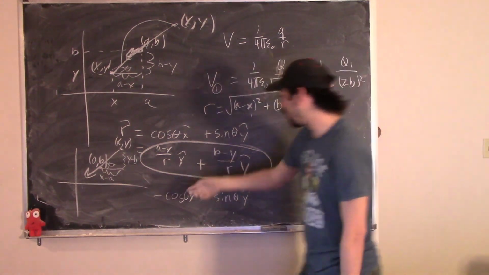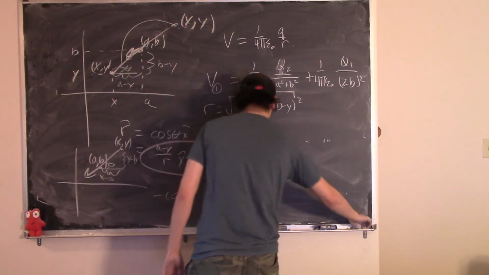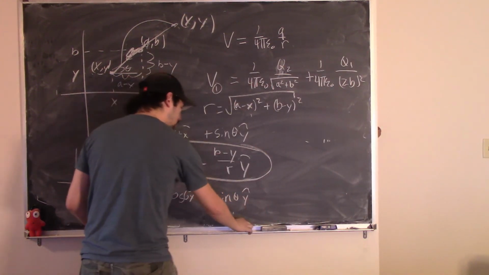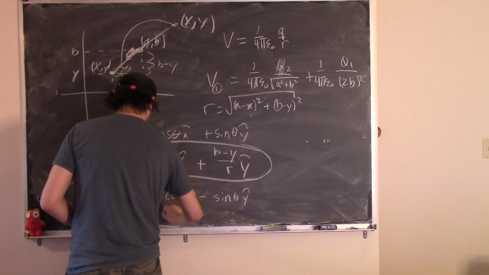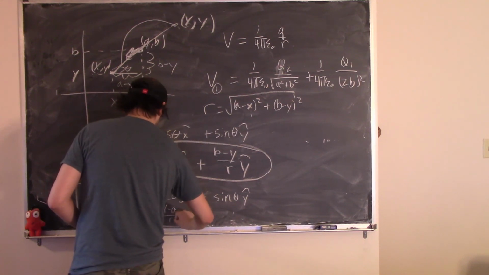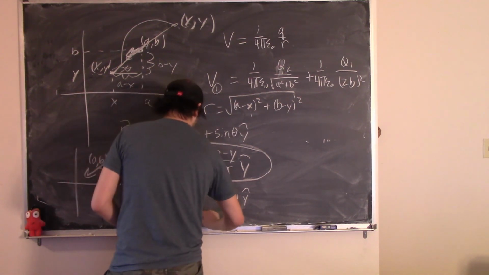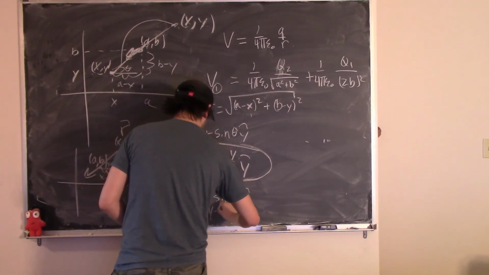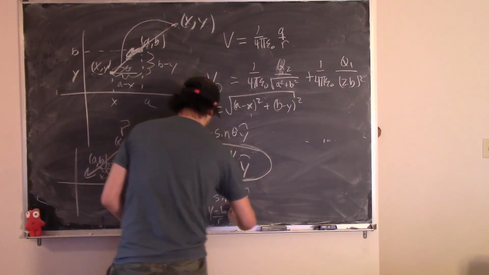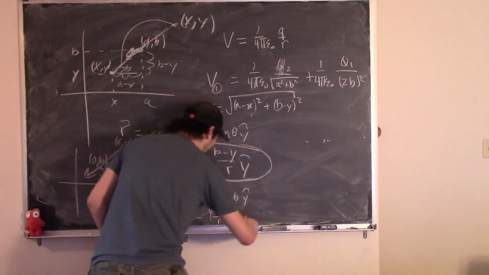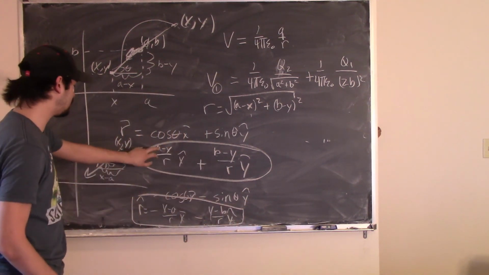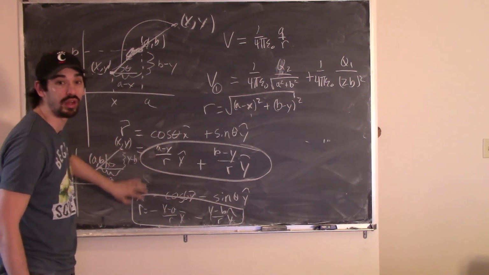So here, what I'm going to have is, I need another piece of chalk. I guess this one's okay. This is going to be minus x minus a divided by r, x hat, minus y minus b divided by r, y hat. And we can see actually that this unit vector that I have here, if I distribute the negative signs in, is the same as this unit vector.